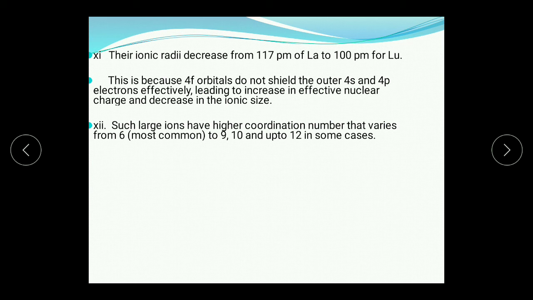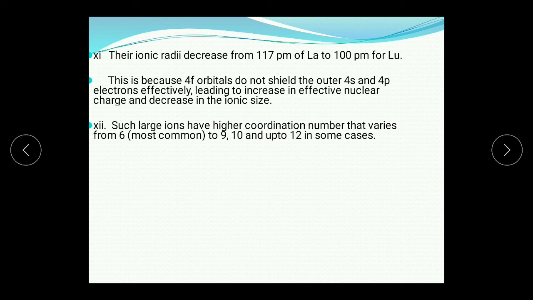These inner transition elements have a tendency to form metal complexes. That means they attach more than one type of atom, and more in number as well. The coordination number varies from 6 up to 12 in some cases.